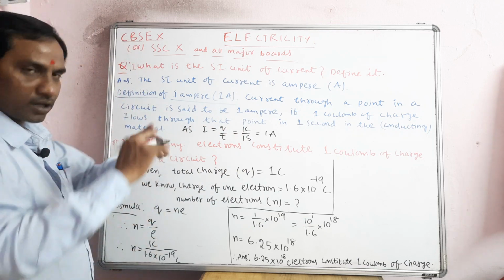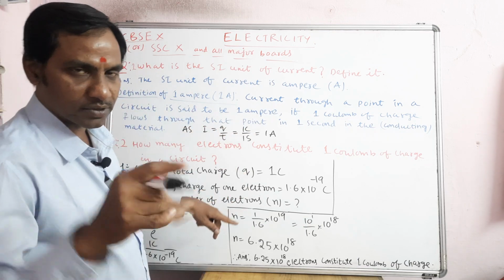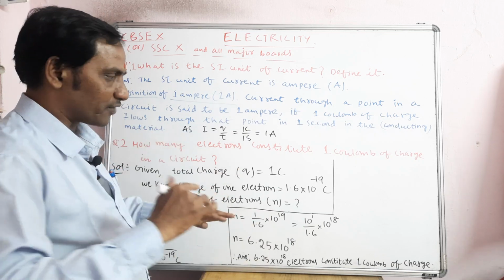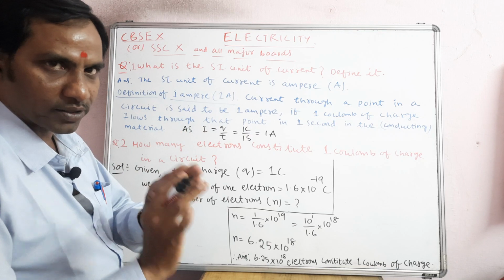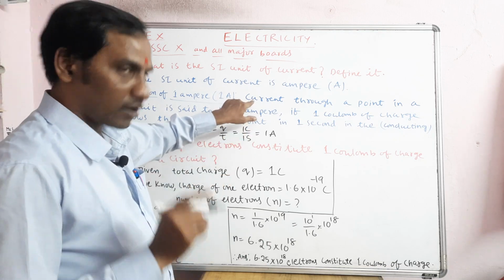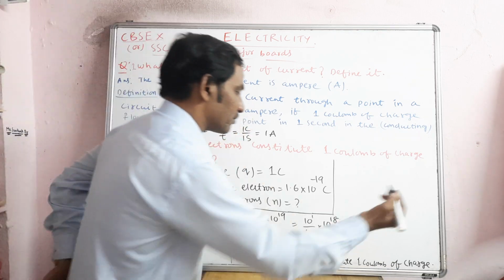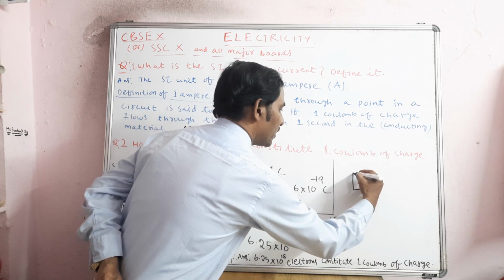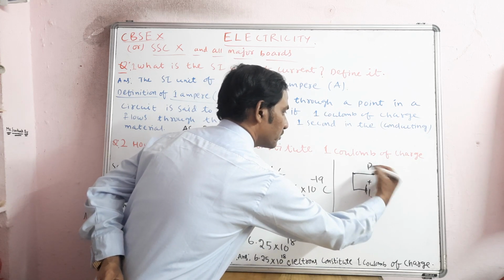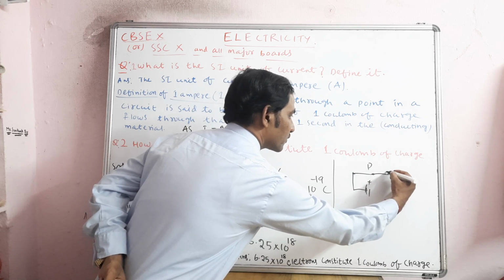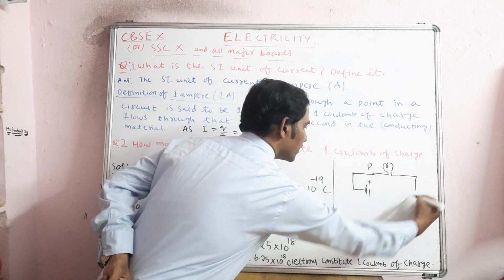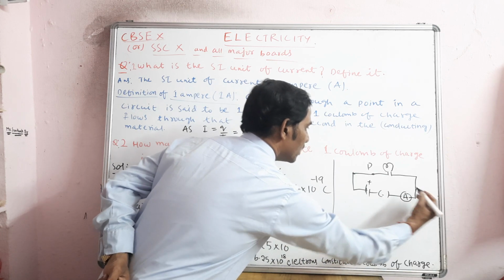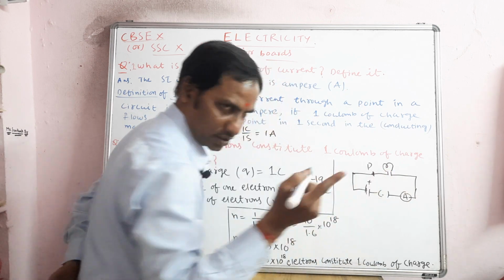How? I showed you the circuit diagram on the previous board. For example, if current is passing through a point in the circuit, say this is plus and minus, and you take this point P, here a bulb is there, here you have a tap key, and here an ammeter. So you take one point on a conductor.